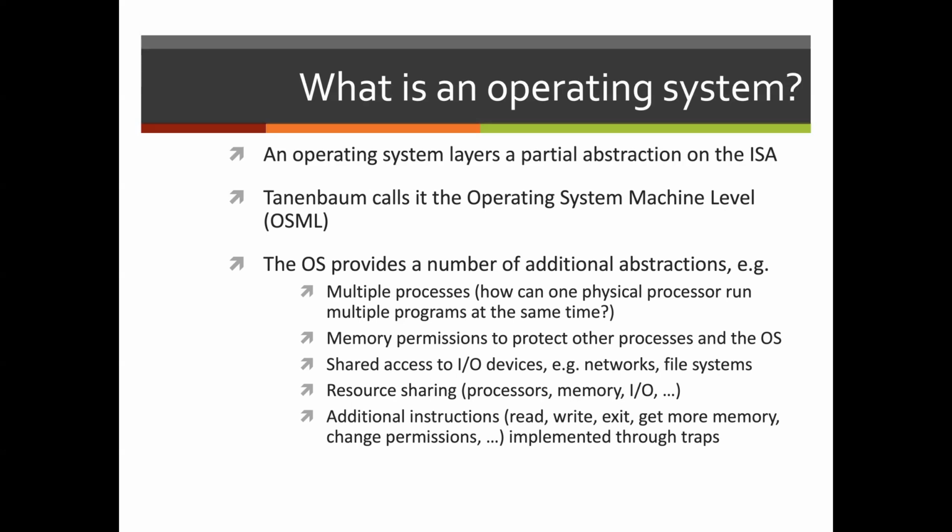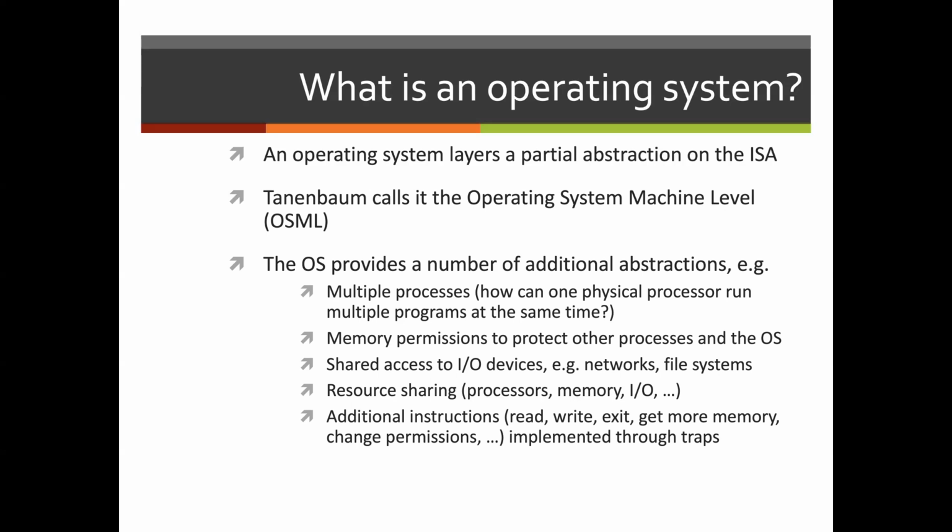Operating systems also provide for appropriate resource sharing. This allows various system components such as processors, memory, I/O, networks, and so on to be shared. In addition, there are additional components and instructions that can be implemented through traps.